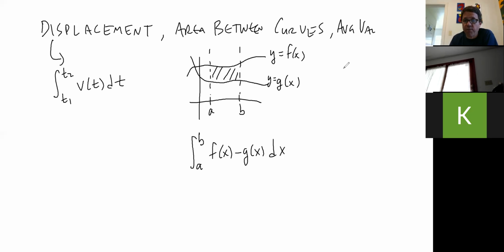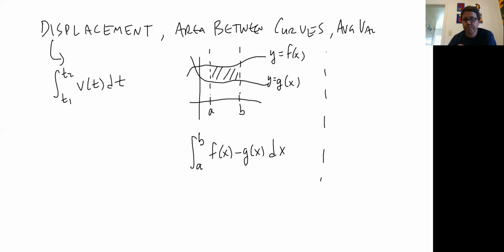And then the final one, average value. Don't worry, I'll do some examples, but I'm just trying to get the formulas in here. For average value, let me minimize my picture here. If you have your function, it's going to start at some value at a, do some stuff, go up and down, and stop there.